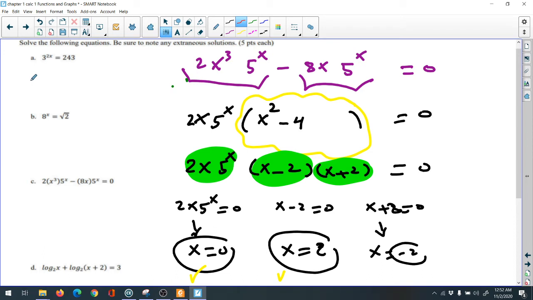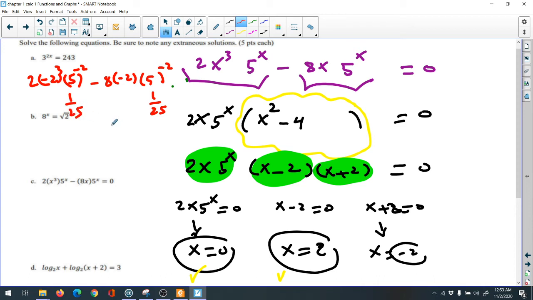So 2 times negative 2 to the third, and here is 5 exponent negative 2, minus 8 times negative 2, times 5 to the negative 2. This is, of course, 1 over 25, and this is, of course, 1 over 25.